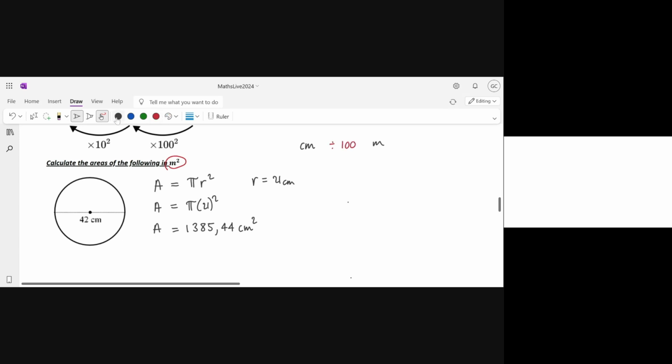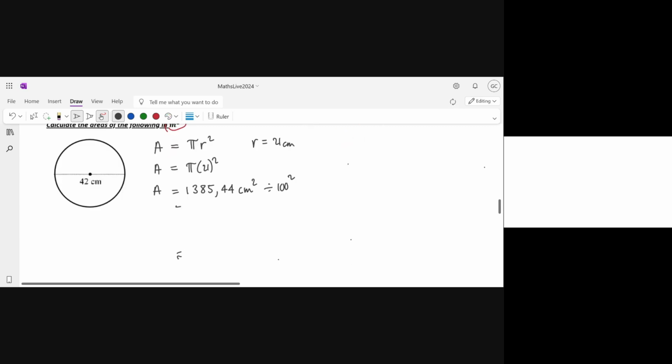So to get from centimeters squared to meters squared, I need to divide by 100 squared. So I'm going to take this answer, divide by 100 squared, and that equals, close that.